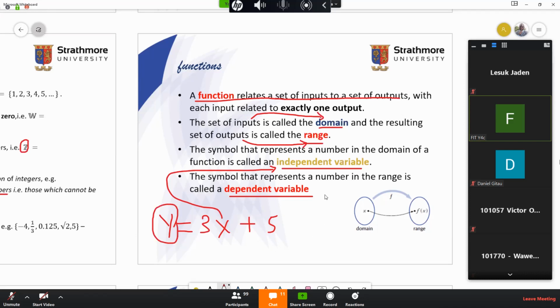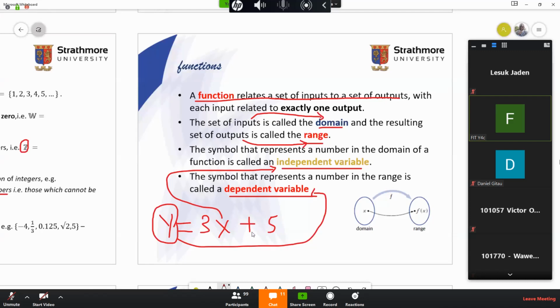So actually y depends on x. That's why we call it a dependent variable. If my x is 2, 3 times 2 is 6, plus 5 is 11. y will be forced to be 11. So y just depends on x.